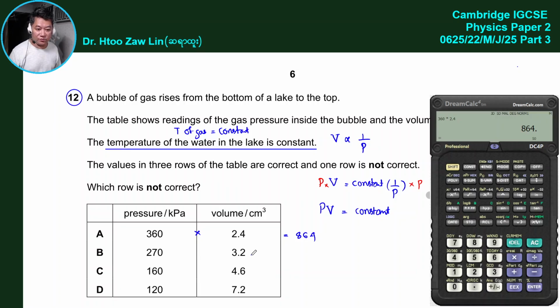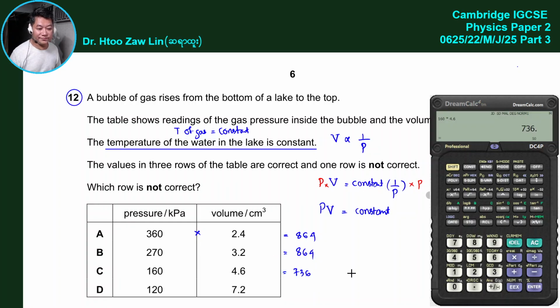Let's see the second row, row B. 270 times 3.2. Oh, they produce 864 again. So let's see row C. 160 times 4.6, which gives 737.